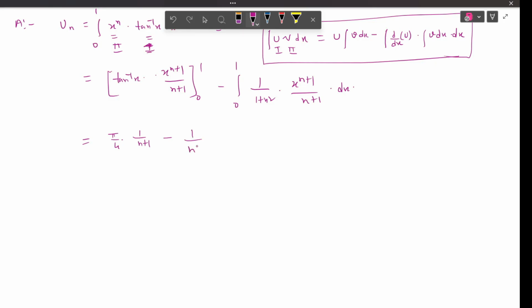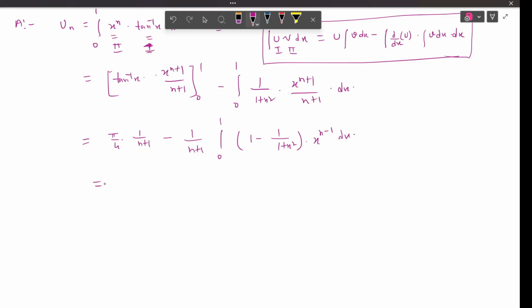Minus 1 by n plus 1 integration from 0 to 1, and you can write this 1 by 1 plus x square as 1 minus 1 by 1 plus x square into x to the power n minus 1 dx. See, if we do LCM, it would be 1 plus x square minus 1, so x square by 1 plus x square. If you add x square, that is n minus 1 plus 2, it will be n plus 1.